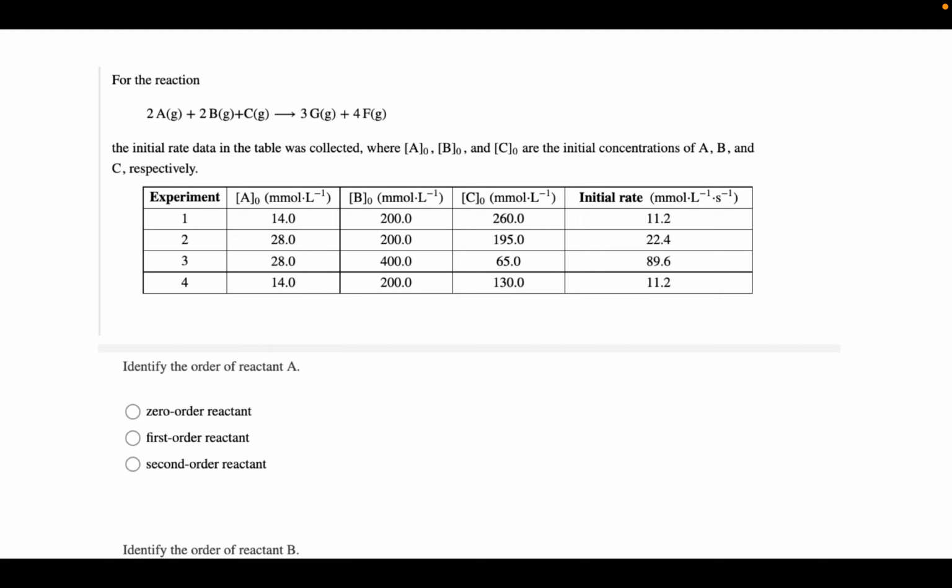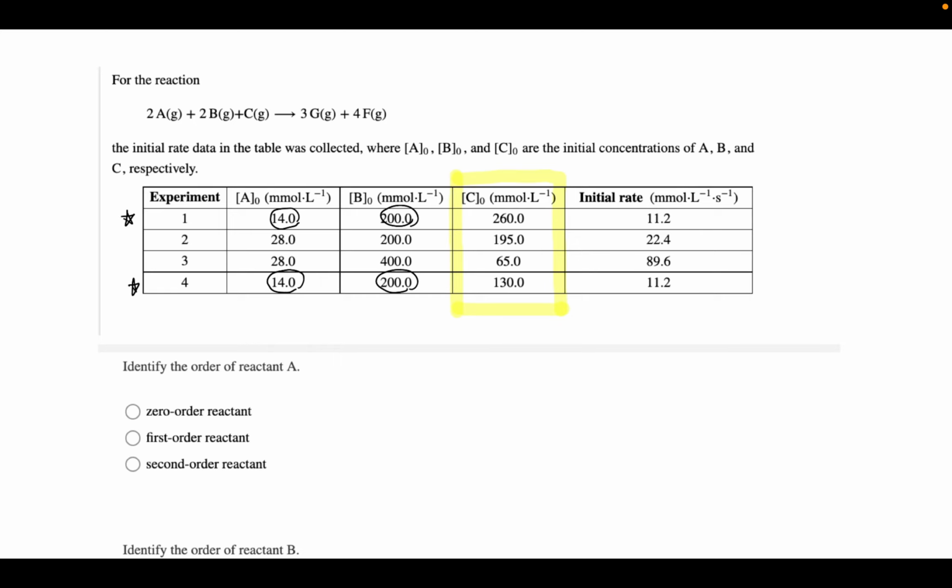So let's compare C first. When we take a look at this chart right here, when we have the same concentration of A and concentration of B, let's compare 1 and 4.